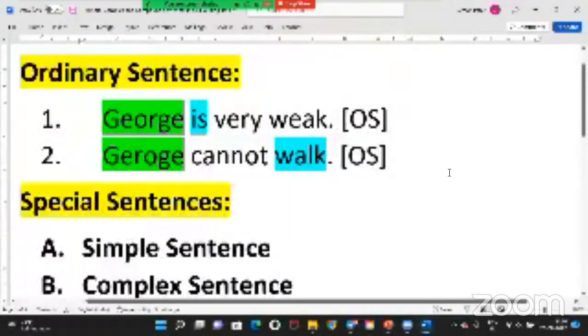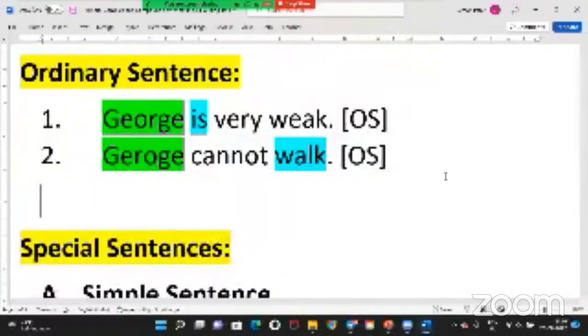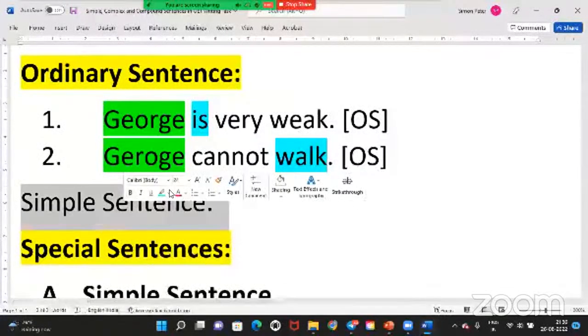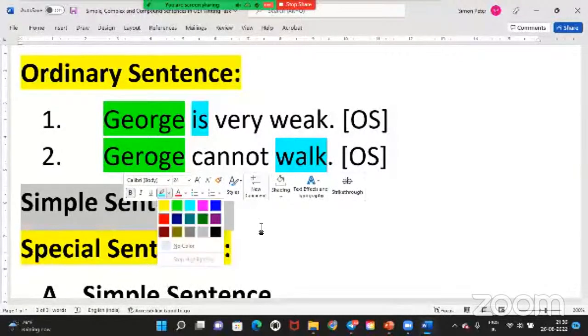Now we are transforming it into a simple sentence. This is the most dangerous one. That's why I give the red mark.